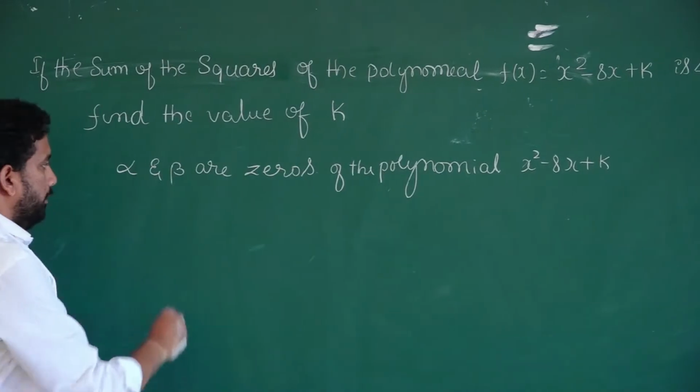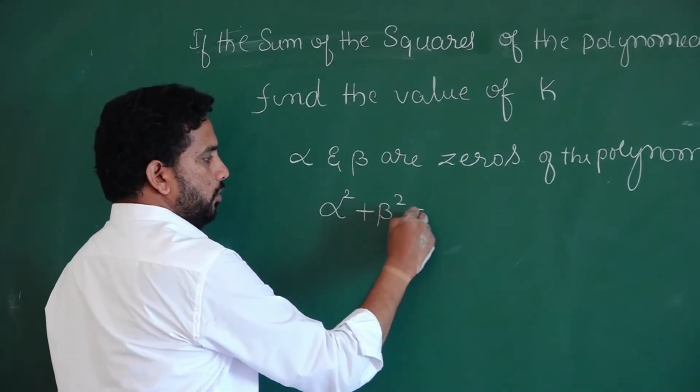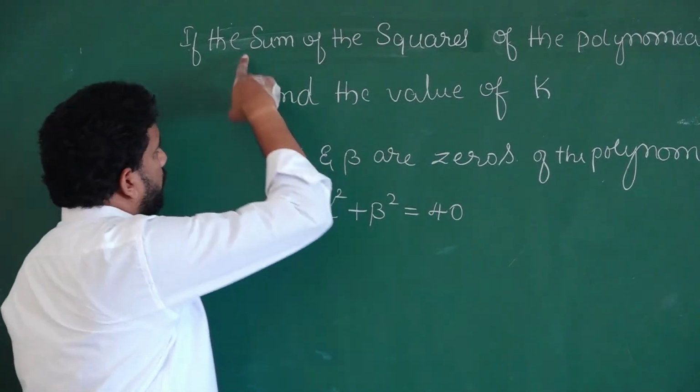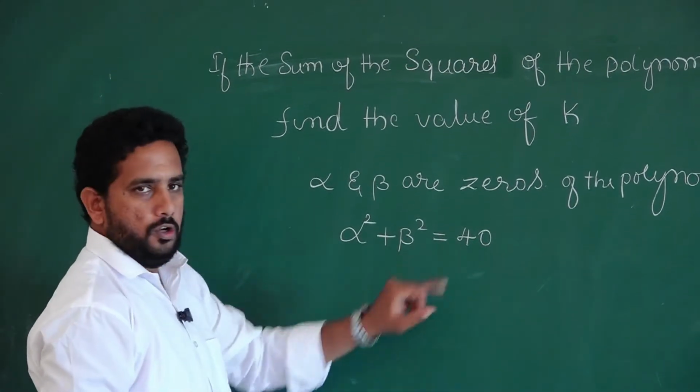So then we can write alpha square plus beta square is equal to 40. That means the sum of the squares of the zeros is equal to 40.